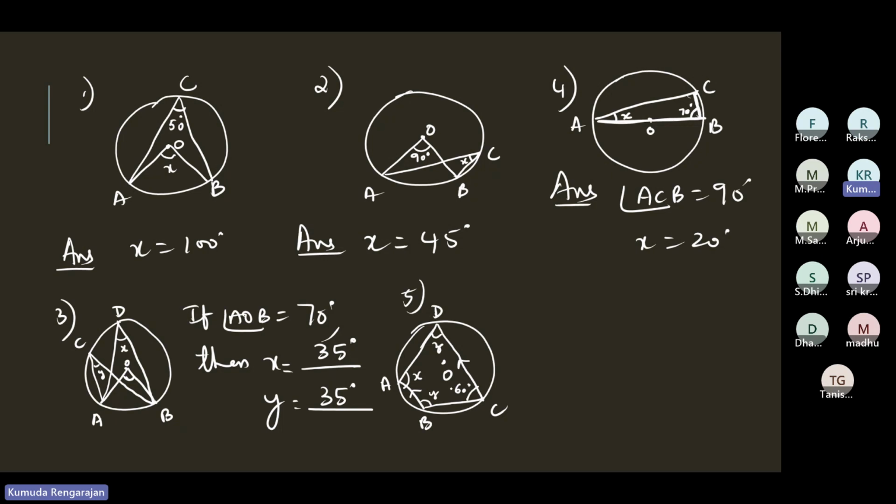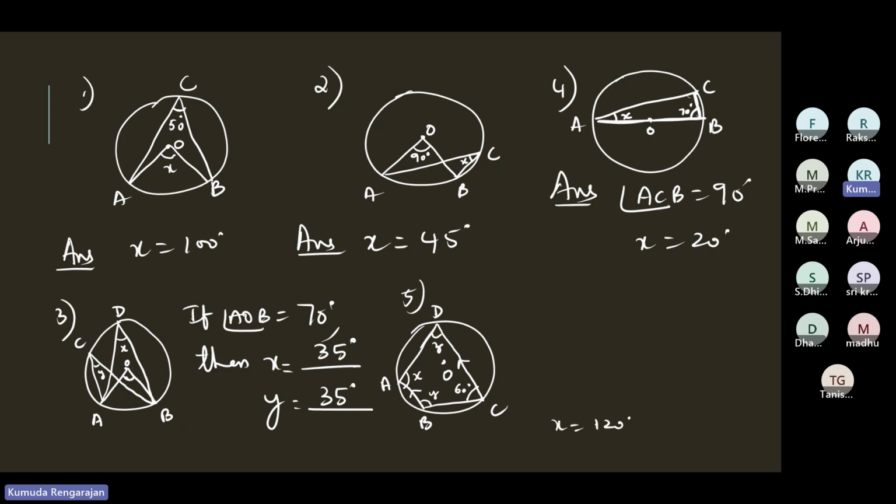ABCD is a quadrilateral, and since the four vertices of the quadrilateral lie on the circumference of the circle, ABCD is a cyclic quadrilateral. And as Madhumita said, in a cyclic quadrilateral, opposite angles are supplementary. X plus 60 is equal to 180. So X is equal to 120 degrees.